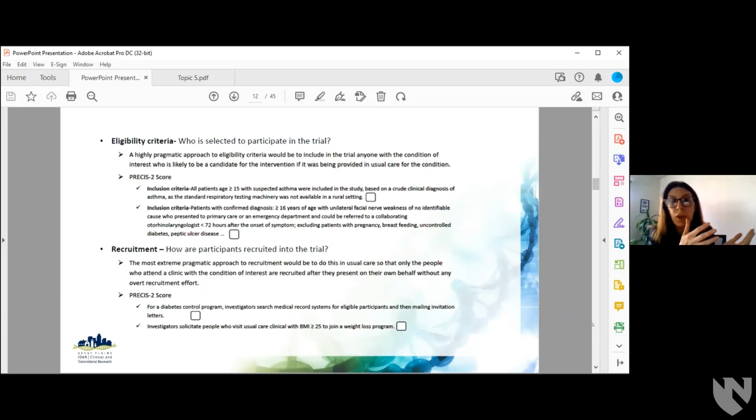And if we do, how does that impact the pragmatic level? I think informed consent is absolutely needed for the explanatory RCT. For the pragmatic RCT, my personal opinion is it depends on what kind of treatment is involved. It could be a little bit less.